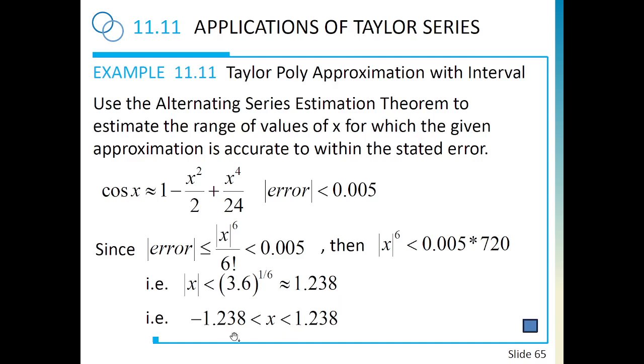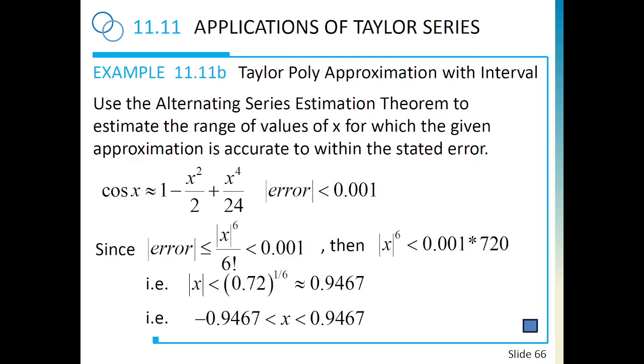For all x's in this interval here, the error is guaranteed to be smaller than 0.005 when we use this polynomial of degree 4 as an approximation of cosine x. So I can plug different values of x in this interval and get a decent approximation for the function cosine x just by using this polynomial here.